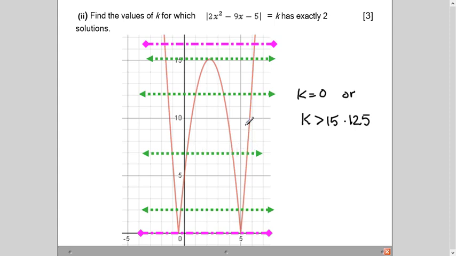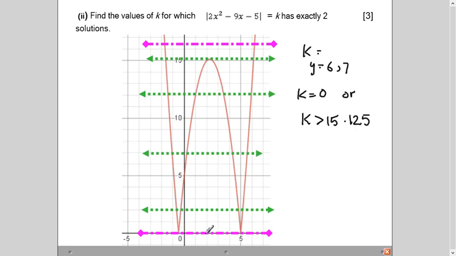So what I'm seeing here, all these green lines which I'm showing you, if I take them as values of k, for example y is equals to 6, y is equals to 7, I'm getting more than 2 solutions because it is intersecting at more than 2 points.